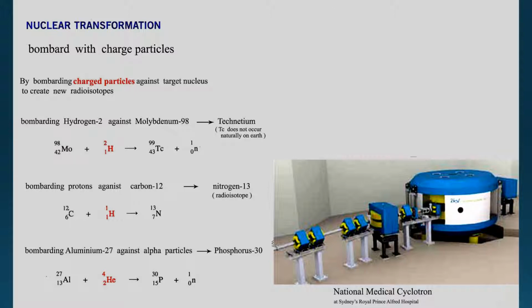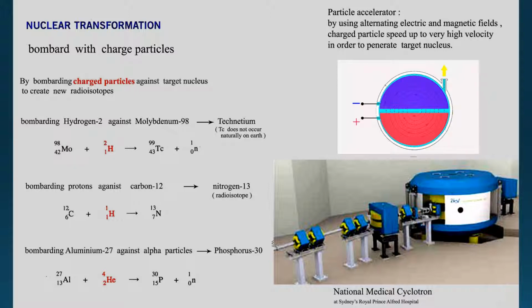This particle accelerator, remember, has to increase the speed. So they will have two disks, using an alternating electromagnetic field to make the charged particle speed up to a very high speed so that you can shoot the target.